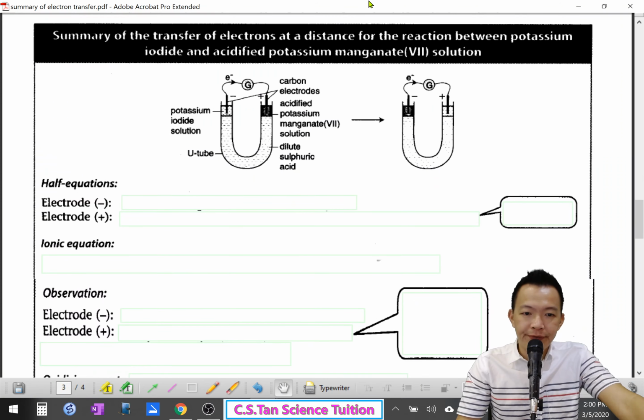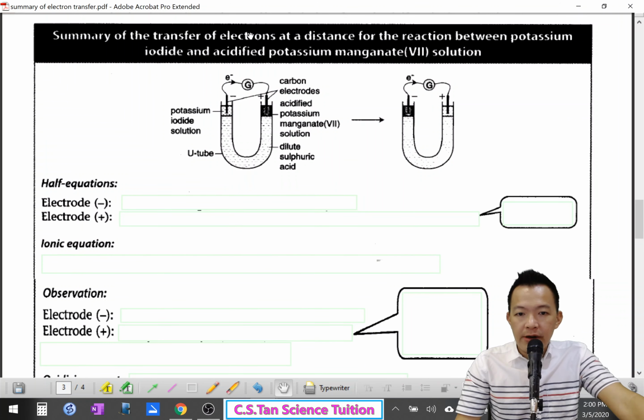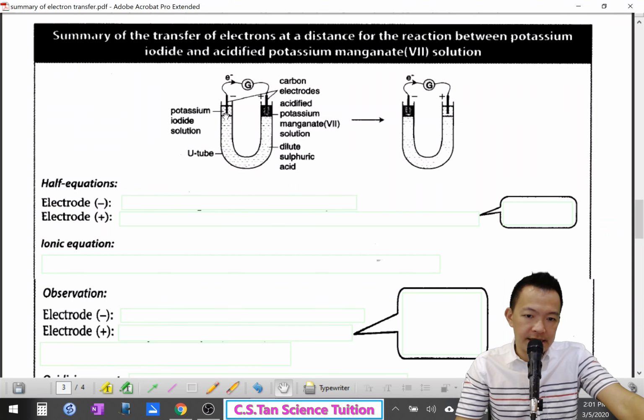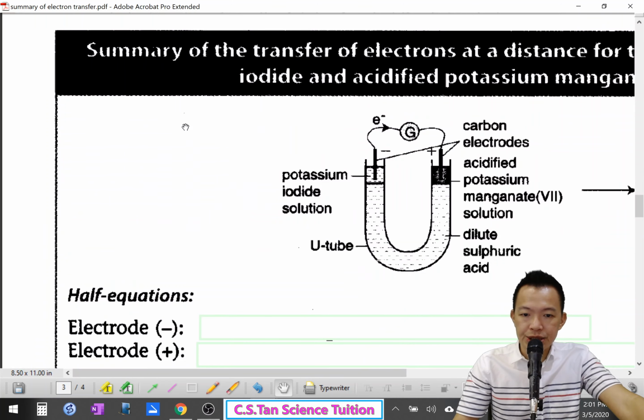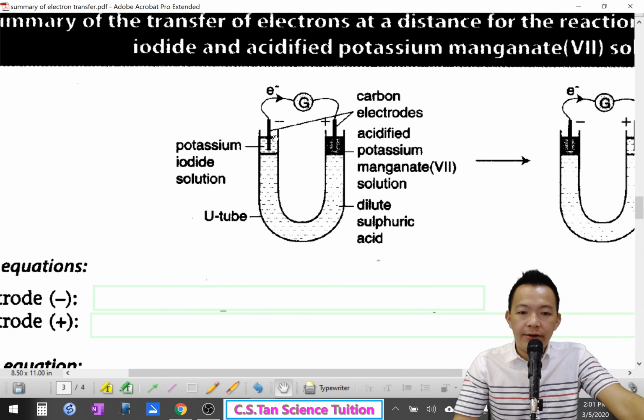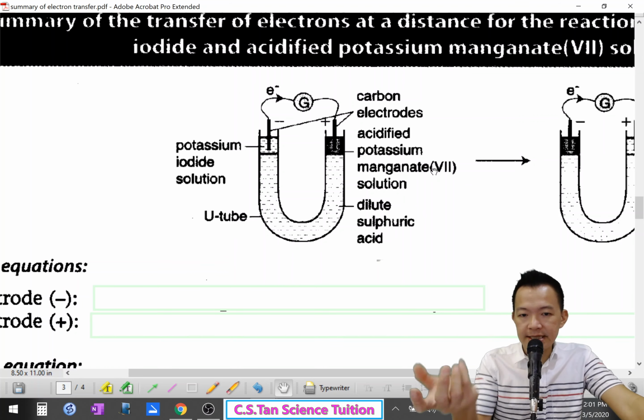Okay, so now we proceed to another example. Don't be afraid. Okay, the transfer of electrons at the distance for the reaction between potassium iodide, colorless, and acidified potassium manganate, which is purple color. Remember, potassium manganate is always a good oxidizing agent.